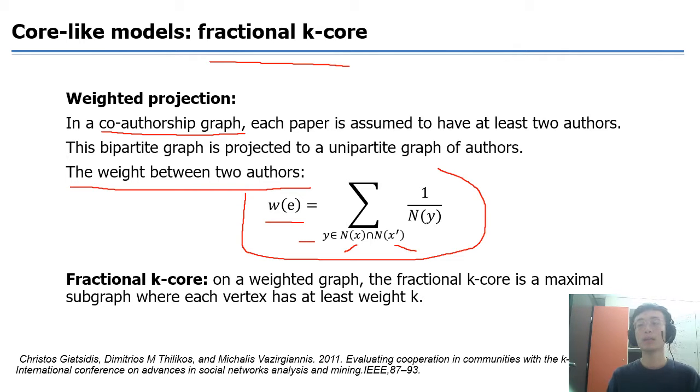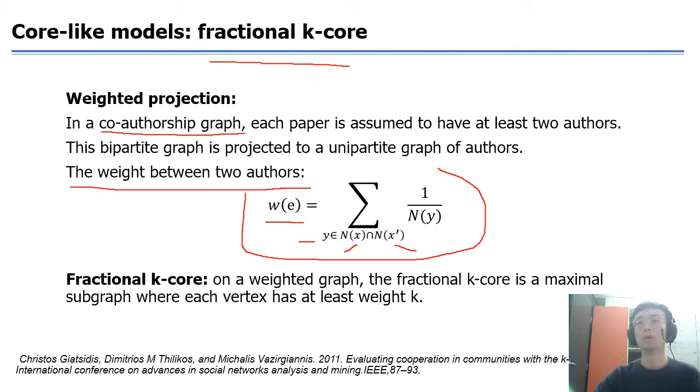According to this function, the weights between two authors are highly affected by the number of papers they have co-authored, and two authors have an edge if they have co-authored at least one paper. Defining weights like this can ensure that the sum of all weights is the number of papers.